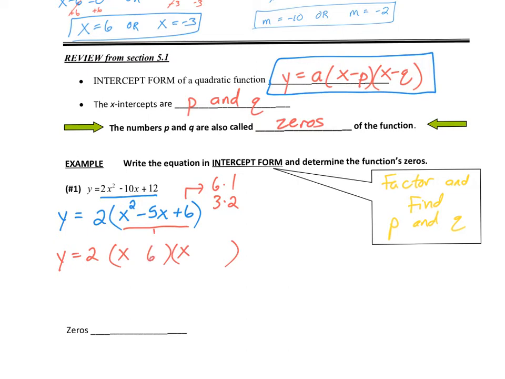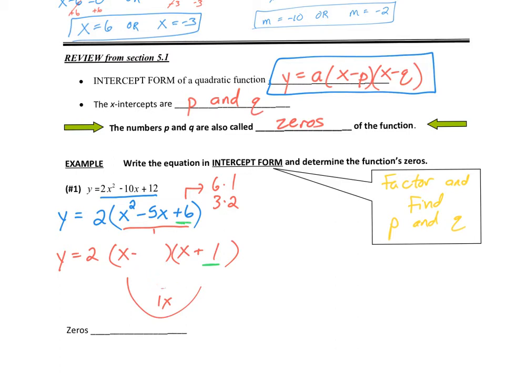So if you do 6 and 1, you need a -6 and a +1, right? The only way that would work is if you had -6x and +1x. That would give us -5. But what is -6 times +1? Oh, wait. -6 times +1 is -6, and right here we have a +6. So that's not going to work.